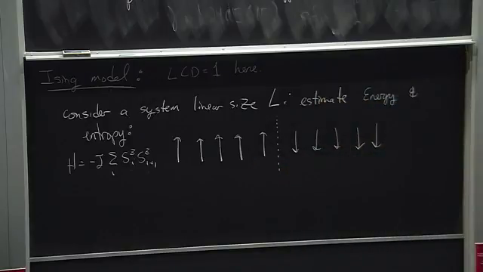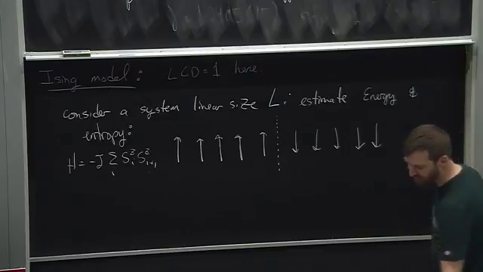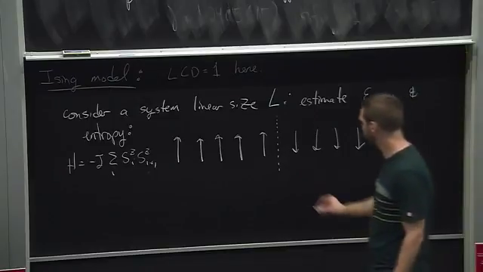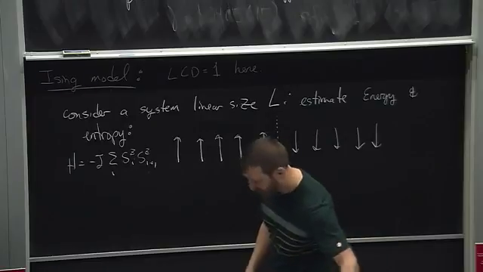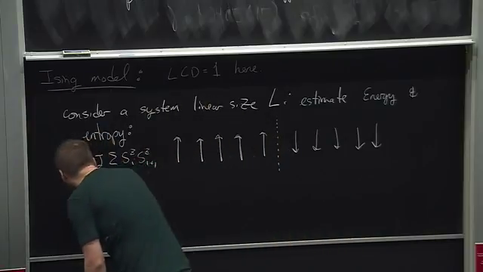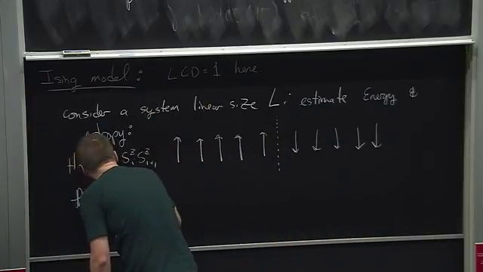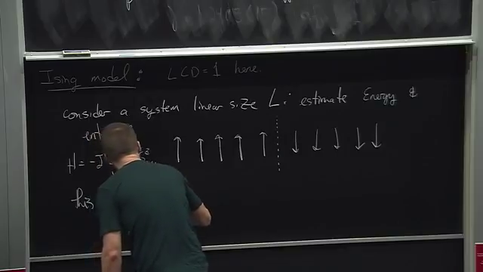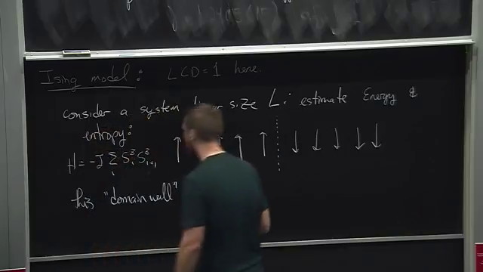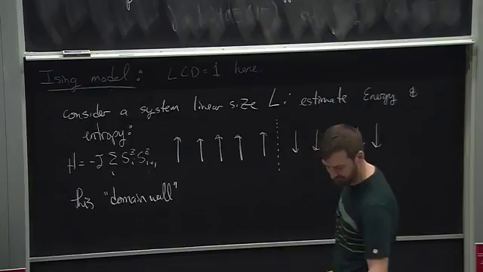Right? Because that's what the Hamiltonian is. It's a description of nearest neighbor bonds. And so that's called a domain wall. And it has an energy.